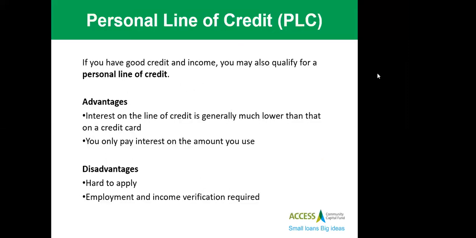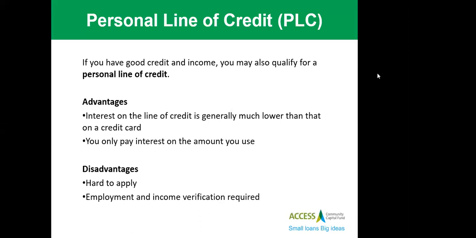So what is a personal line of credit? A line of credit is a borrowing option where you apply only once for a credit limit that you can continue to use and reuse based on your credit needs. Similar to a credit card, it is a revolving credit facility.